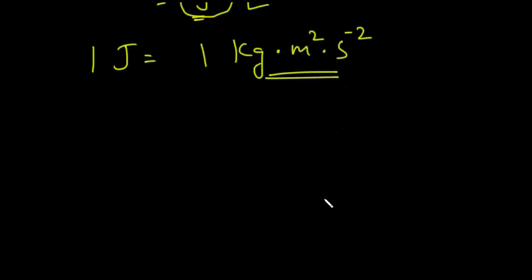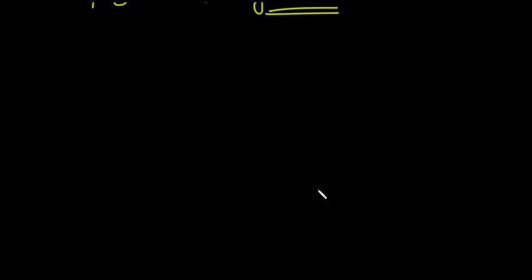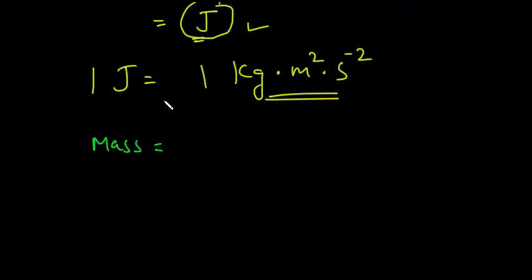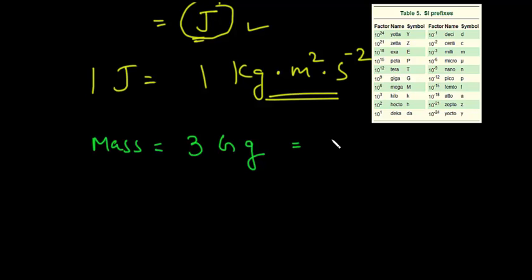Okay, now coming to the next part of the question. We are given mass as 3 gigagrams. Okay. Giga is 10 to the power 9 grams.